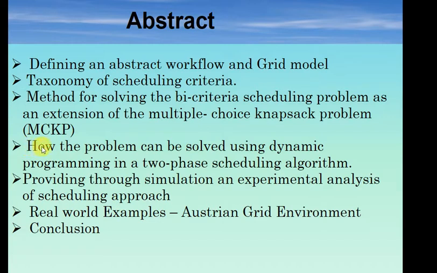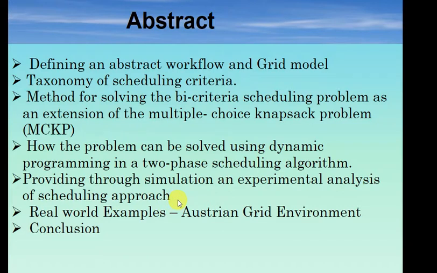And the problem can be solved using dynamic programming in a two-phase scheduling algorithm, that is DCA, called the dynamic constraint algorithm, and it consists of two phases, that is primary scheduling criteria and secondary scheduling, proving through simulation and experimental analysis of the scheduling approach.